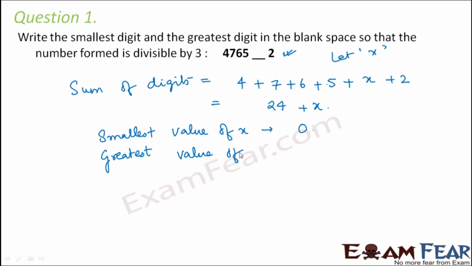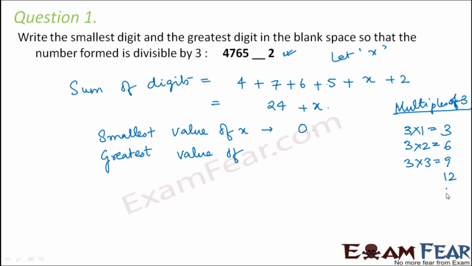Now think about it, because it has to be divisible by 3. Now 24 is divisible by 3. If you quickly look at the multiples of 3, the multiples of 3 go something like this. 3 1s are 3, 3 2s are 6, 3 3s are 9, 3 4s are 12, 3 5s are 15, and so on.